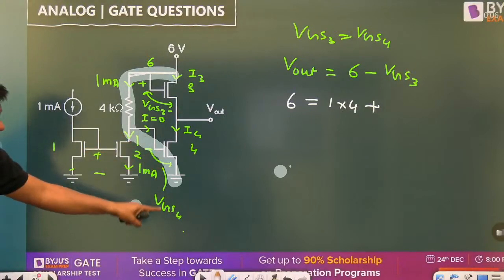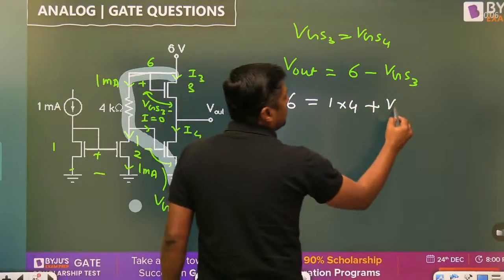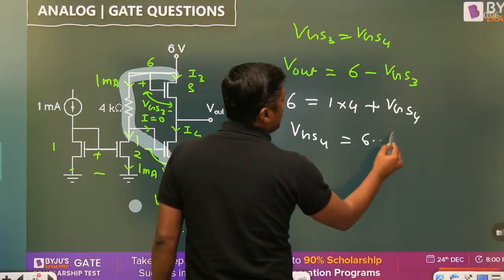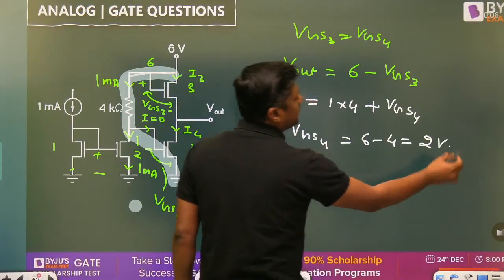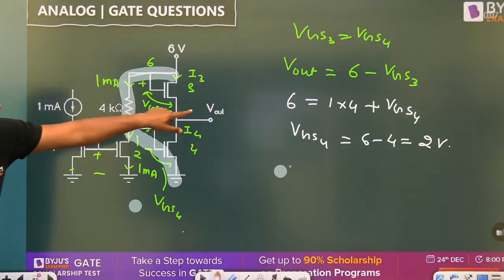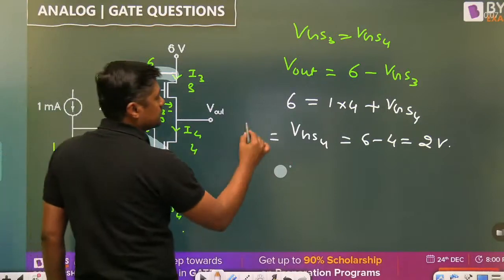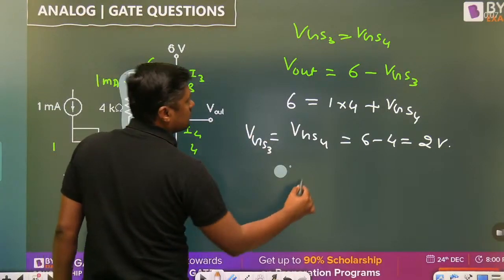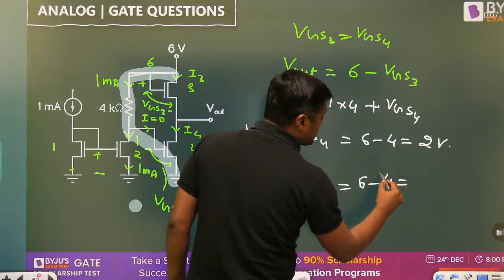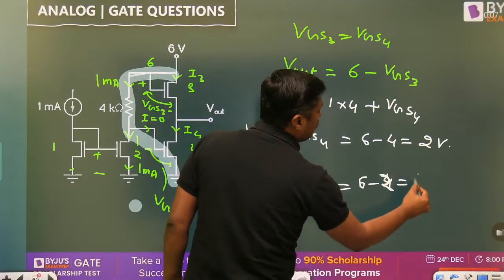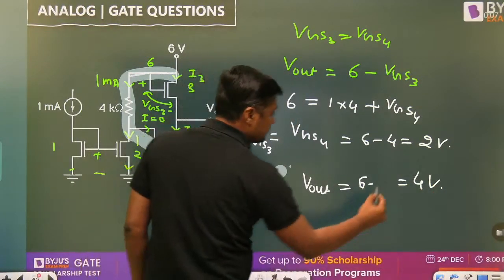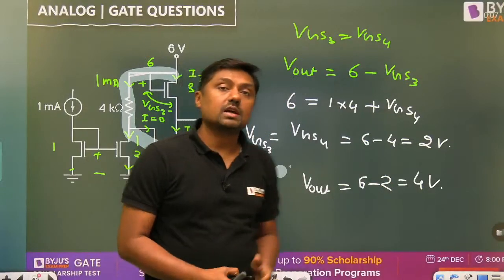So what is VGS4? It will become 6 minus 4, that is nothing but 2 volt. So if VGS3 is 2 volt, then Vout is 6 minus 2, which is 4 volt. 4 volt is the answer for this question.